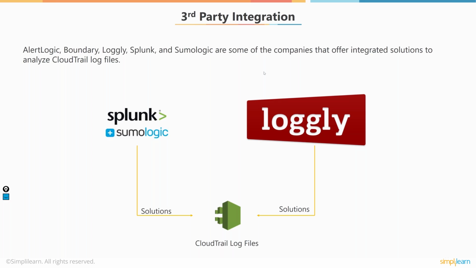What is actually good about it is that CloudTrail can be extremely, extremely big. It can consist of multiple files, especially when you have a few years of logs. Trust me, you don't want to go through those files and try to find a single event. Why? Because you will have to go through hundreds of thousands of log files. Not only that, each file consists of hundreds of thousands of entries. And finding a single entry in a single file is like looking for a needle in a haystack. Almost impossible. So you can link it with other providers like Loggly or Splunk or Sumo Logic, and you grant them access to your CloudTrail.